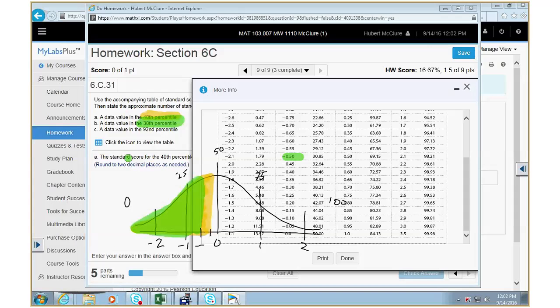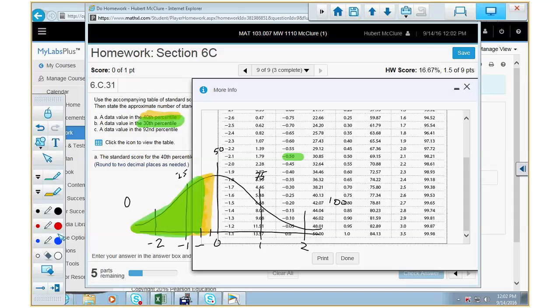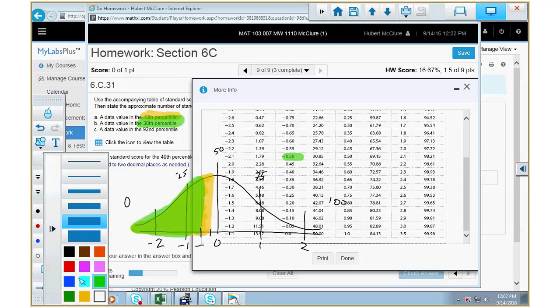So where would the 92nd percentile be? I'll do that in blue. The 92nd percentile, well, this is 75. And if you take this 2.5 off, this is 2.5, this is 13.5, this is 34, this is 34, this is 13.5. This right here is 97.5. So what do they want? 92, so I'm going to put it right about here.